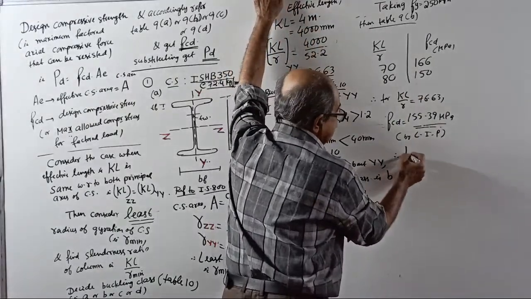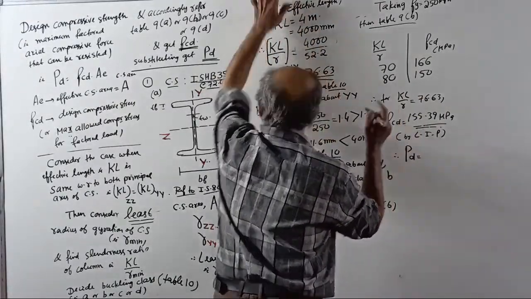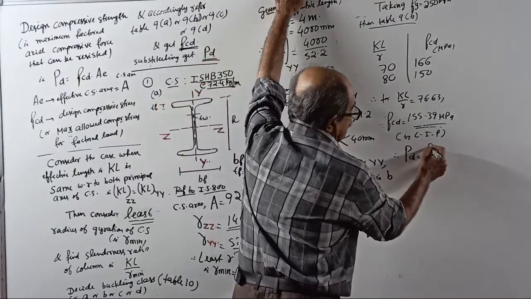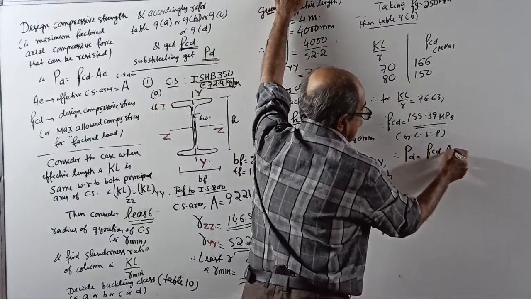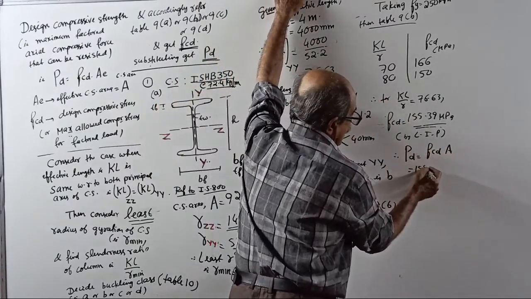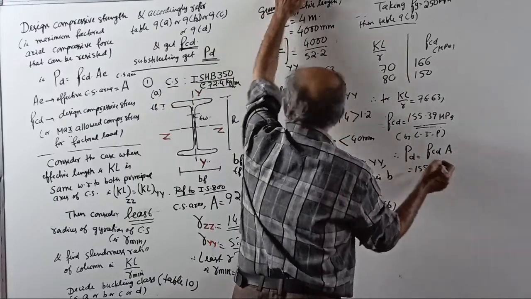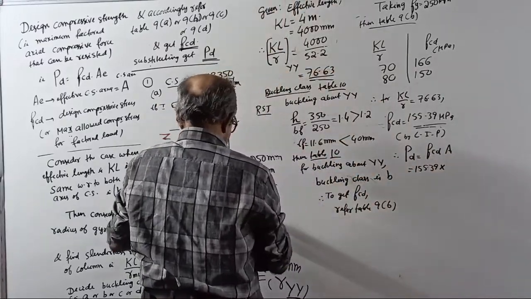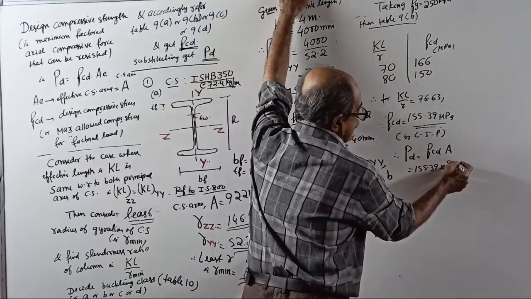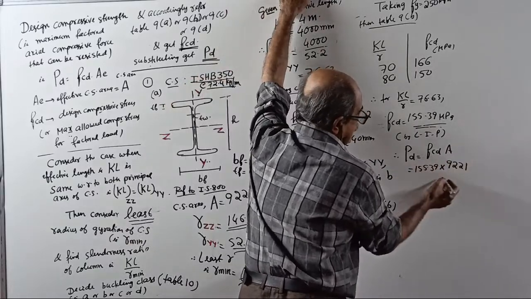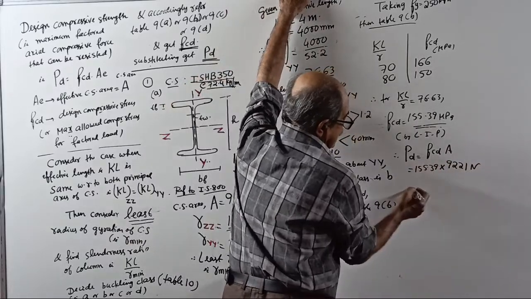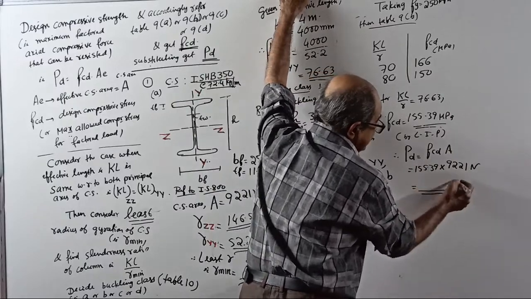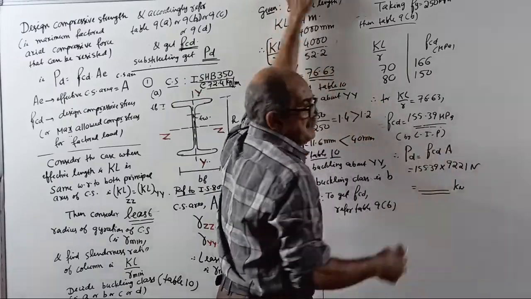Therefore, design strength of the column PD equals FCD into A, FCD is 155.39, area of section is 9221. This will come in Newton.